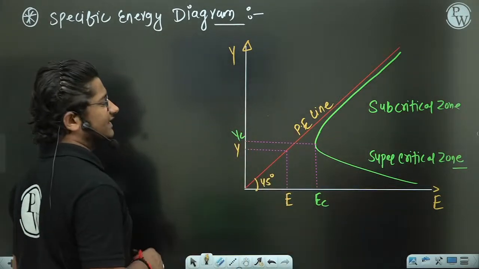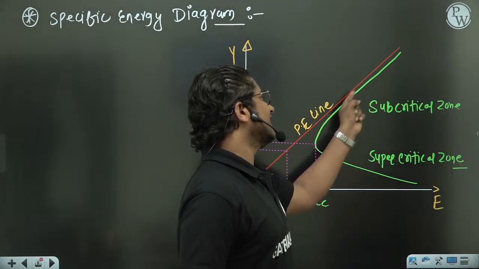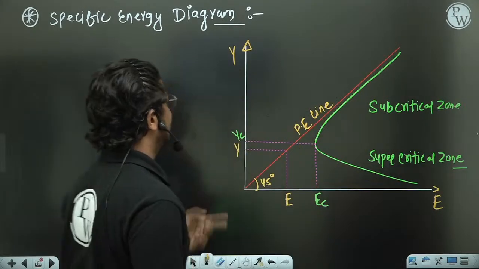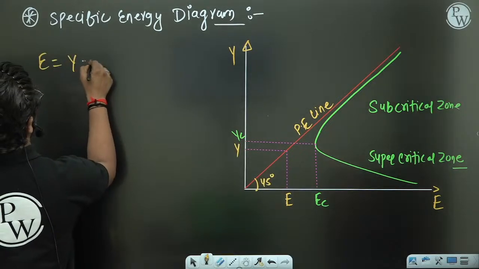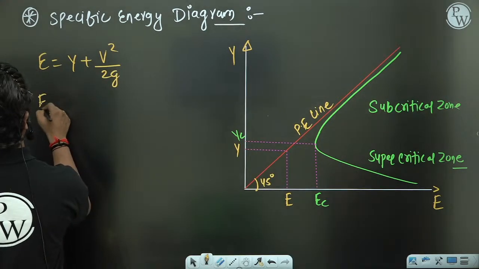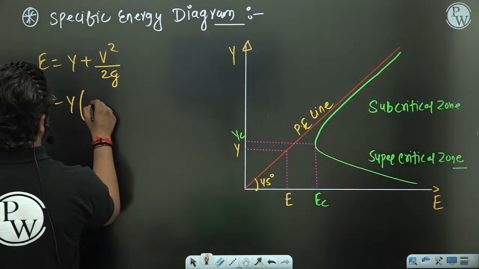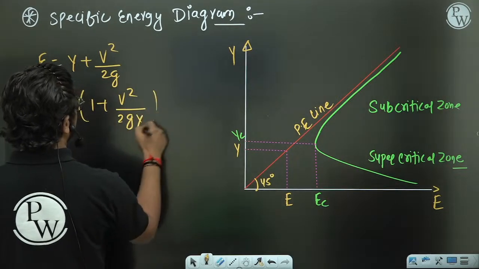Now some of you are asking, sir, how can we see this? This curve is making an asymptote with this potential energy line. That you can also do this way. E equal to y plus v squared upon 2g. So if you take y common, E equal to y times 1 plus v squared upon 2gy.